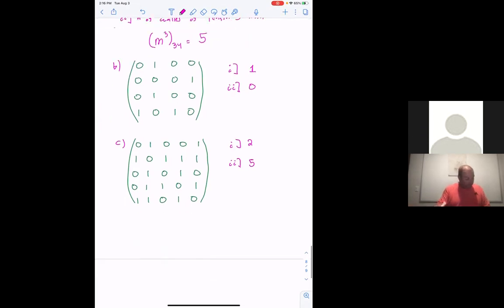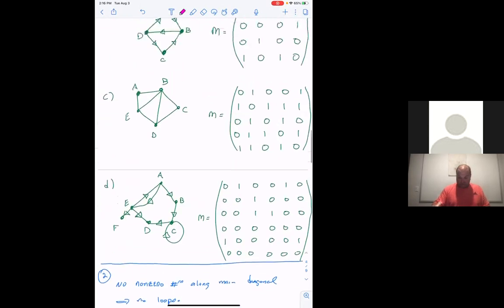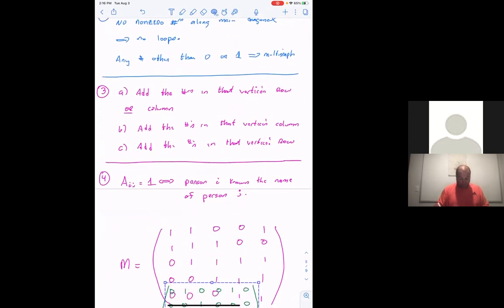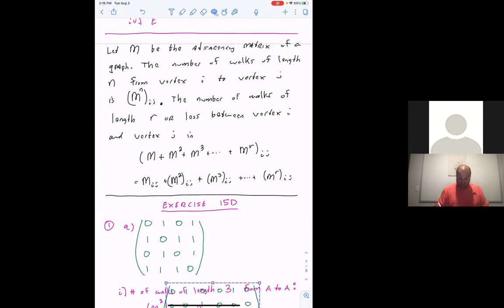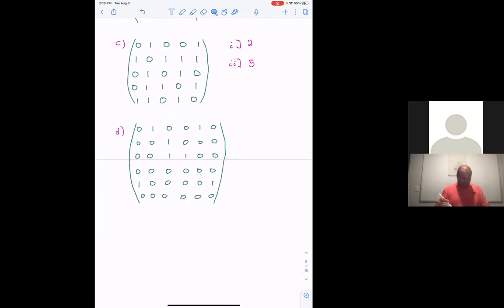And finally, part D. This was a 6 by 6. Oh, this is a lot of work. But imagine having to do it by hand and making sure that you get them all and not missing any. That is not something I would relish doing.